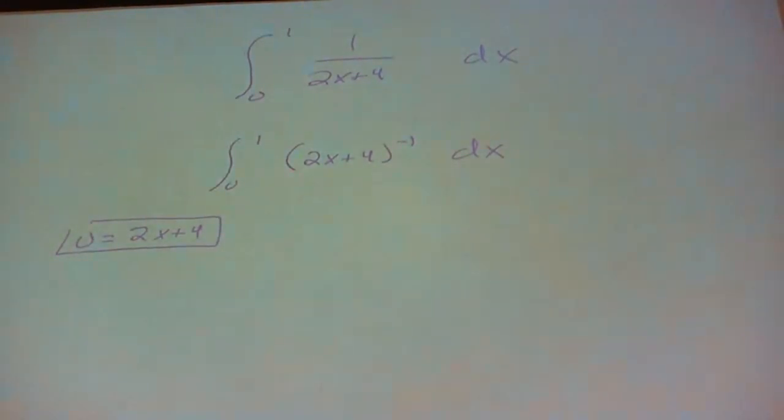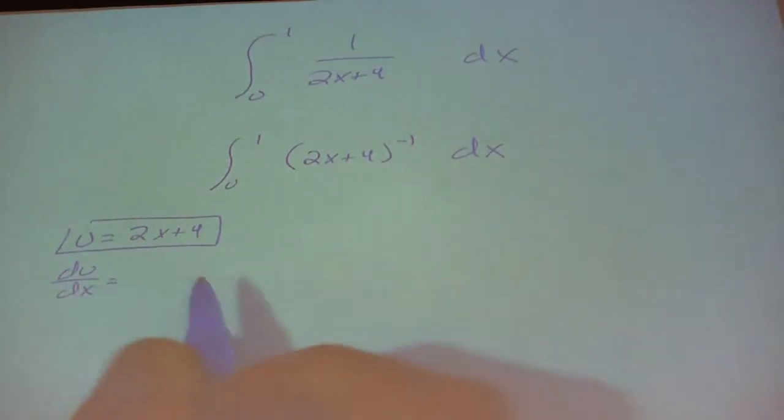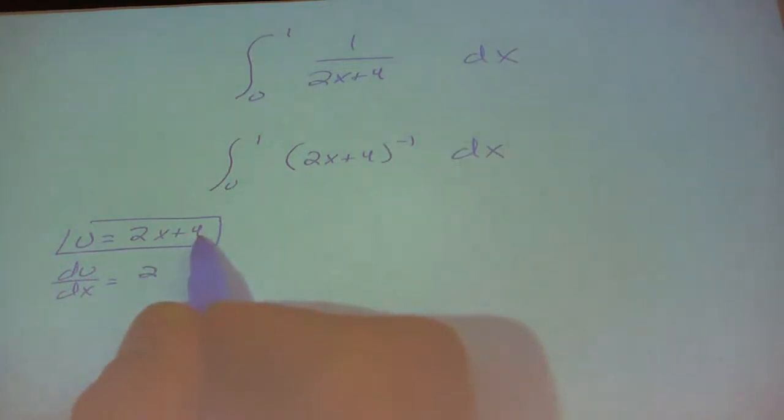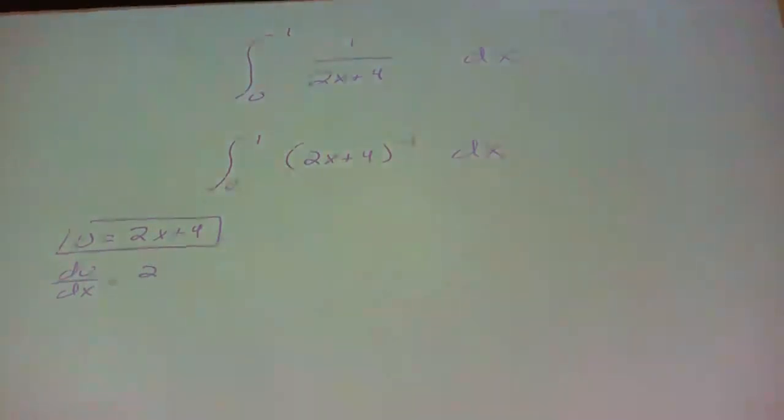Then if we follow our steps, the next step is to take the derivative of U with respect to x. What's the derivative of 2x? And what's the derivative of 4? Derivative of 4 is 0. Cross multiply, we went over all this last time. We get 2 dx equals du. Divide by 2, dx equals du over 2.